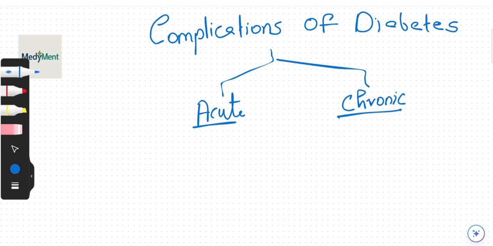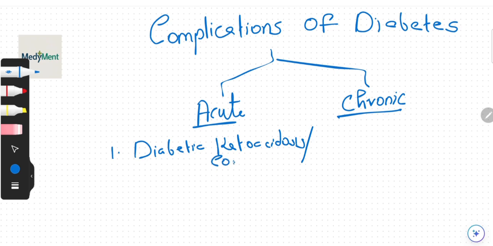Acute cases can be reasons of diabetic ketoacidosis or coma, infections, and many more.